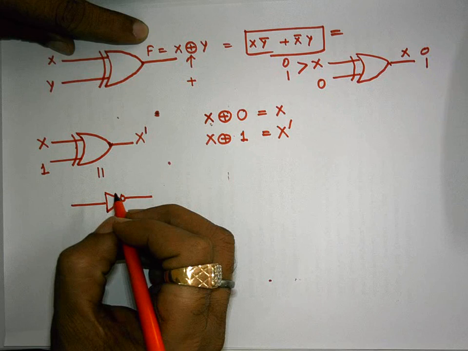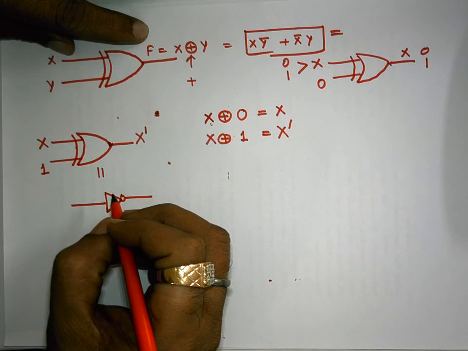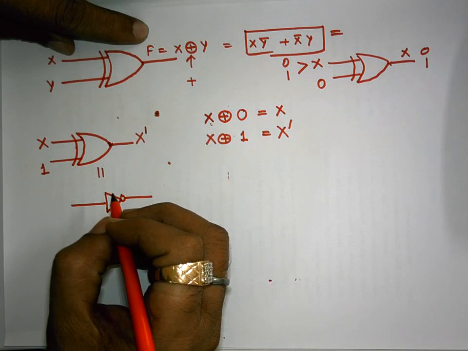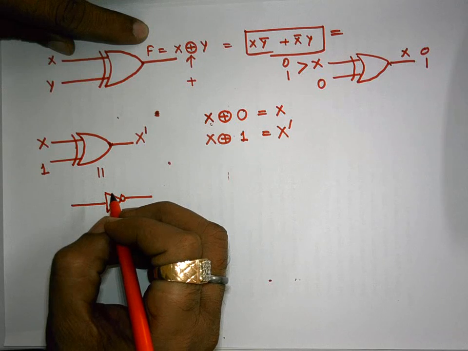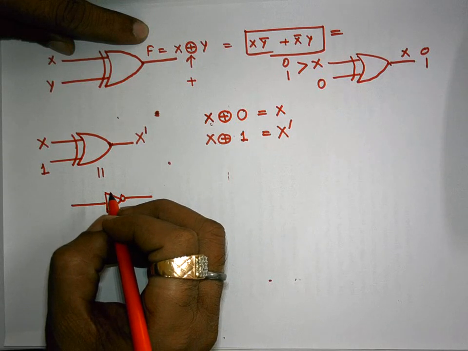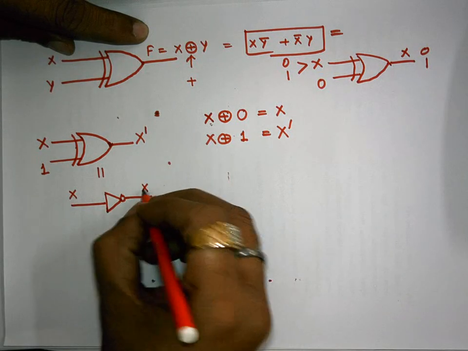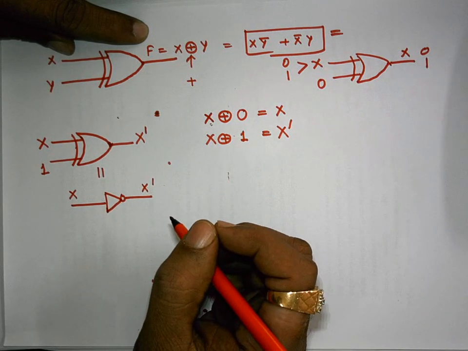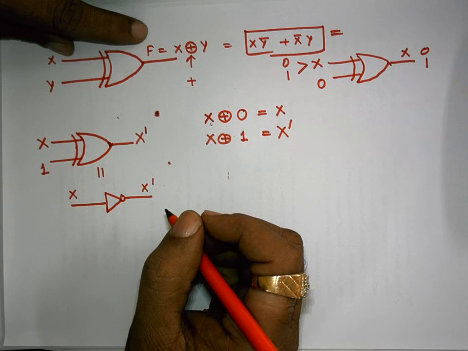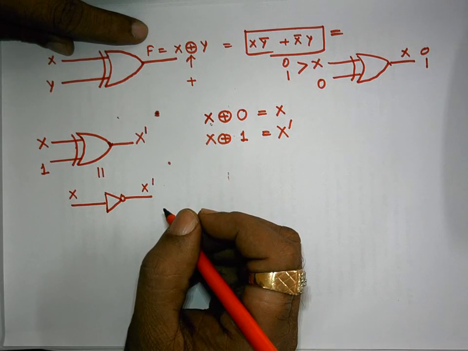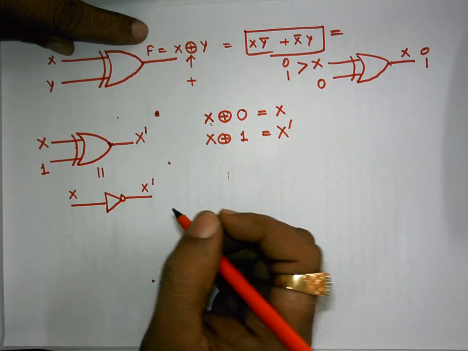This is equivalent to an inverter. Means an exclusive OR gate can also be configured to obtain an inverter. Okay. X is applied over here and you are obtaining X bar over here using an exclusive OR gate. You are configuring an inverter.